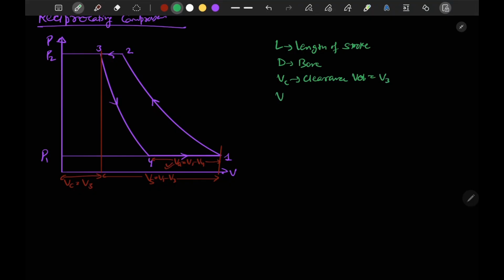Vs is our swept volume, also known as piston displacement, equal to V1 minus V3. Va is our actual suction volume, equal to V1 minus V4. Now there is a term called clearance ratio.